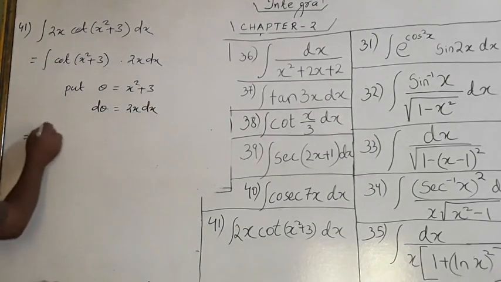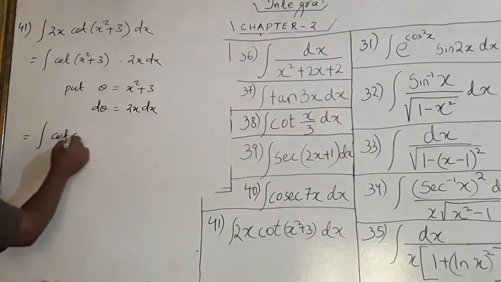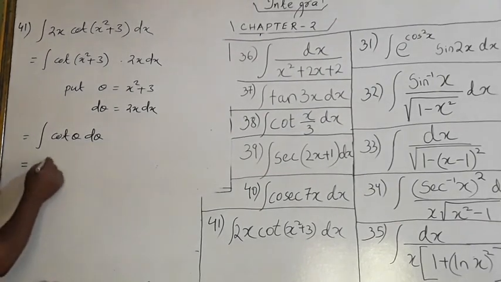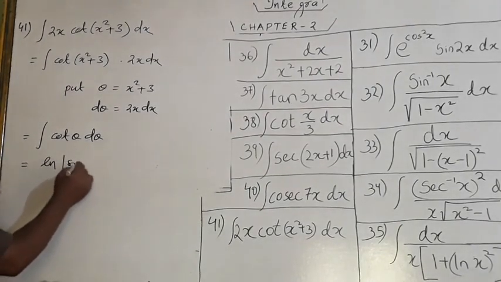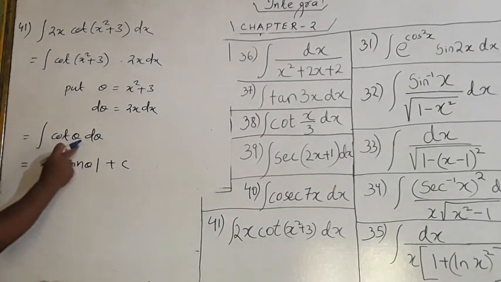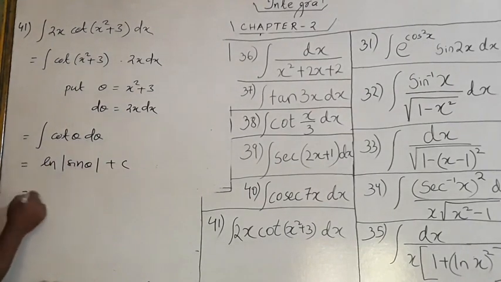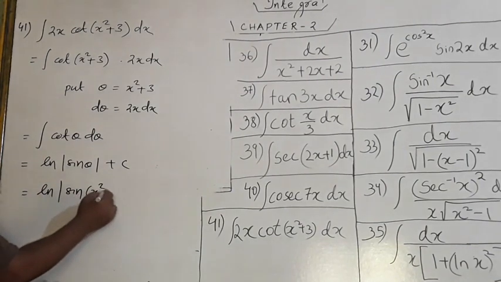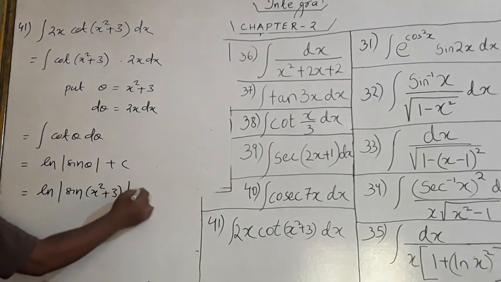So it becomes the integration of cot theta d theta, and the integration of cot theta d theta is ln sin theta + c, because the denominator is sin theta, so its integration is ln sin theta. In place of theta you have to put x² + 3, plus c. Okay?